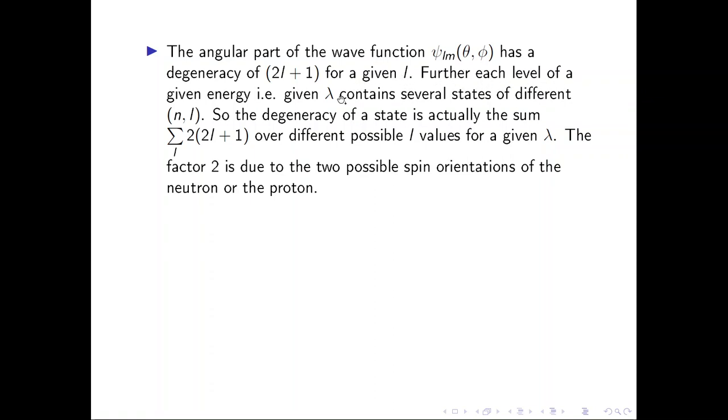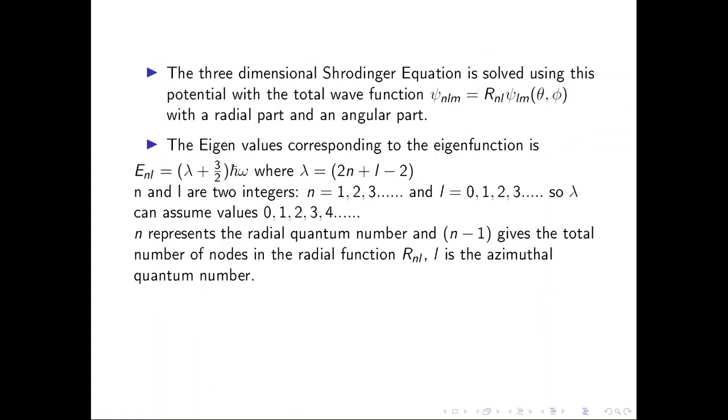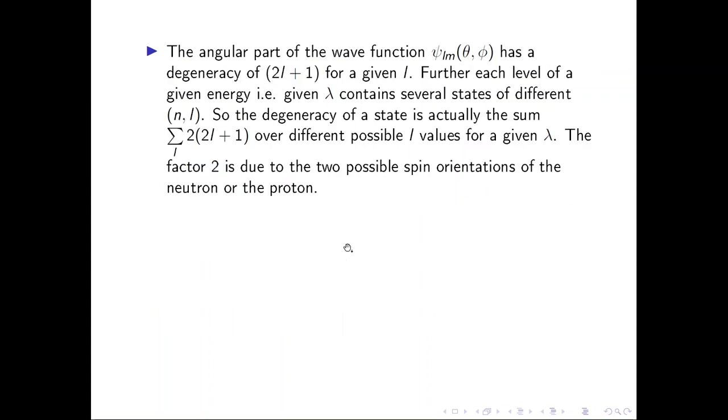Further, each level of a given energy, that is given lambda, contains several states of different n, L. Since E_nL is equal to (λ + 3/2) ħω, for a particular value of lambda we can have different n, L combinations which will give the same value of lambda and hence the same value of energy.